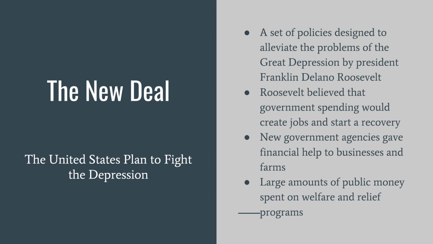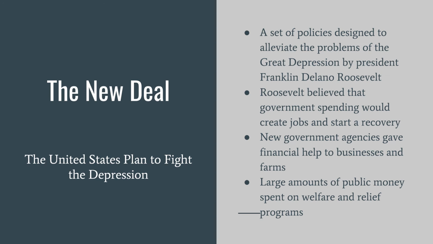This New Deal does get Americans back to work, and does help the economy begin to recover. We see that this New Deal creates lots of new government agencies that give help to businesses and farms. We also see large amounts of public money spent on welfare and relief programs, and we see a lot of these programs still today.